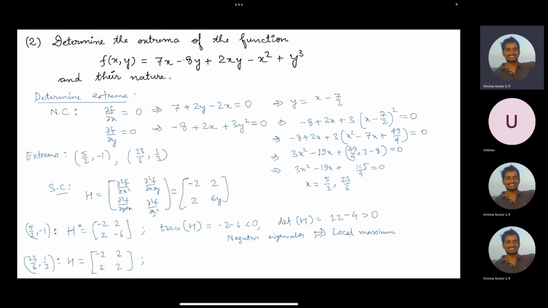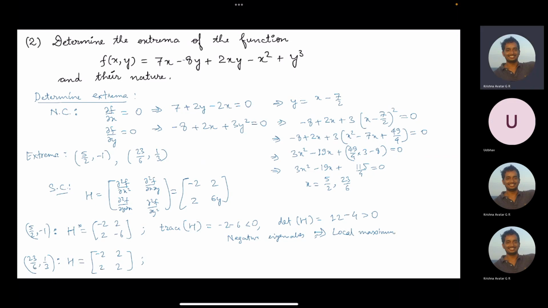Putting these values in the expression for y one at a time, we get the corresponding y. It simply means that we have two extremal points: 5 by 2, minus 1, and 23 by 6, 1 by 3.